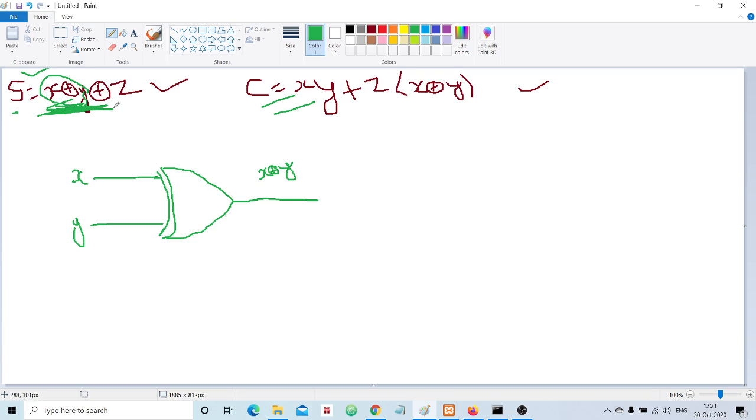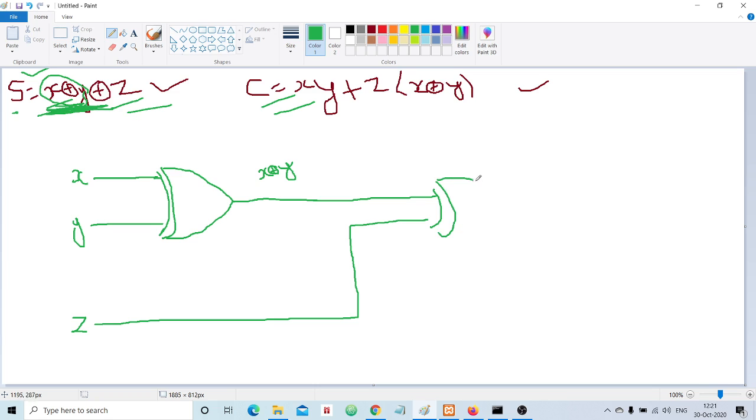To that term, we need to perform an XOR operation with one more term called z, right? So I will take one more input called z, and again perform an XOR operation between x XOR y and z to get the sum, correct?